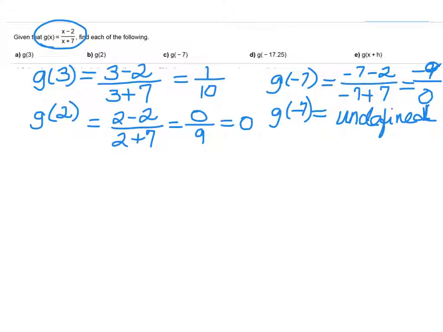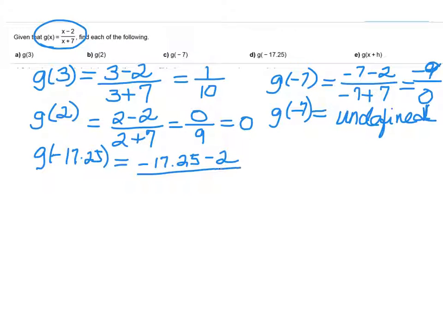G of negative 17.25 is actually very similar. So g of negative 17.25 means we're going to take negative 17.25 and subtract 2 from it.